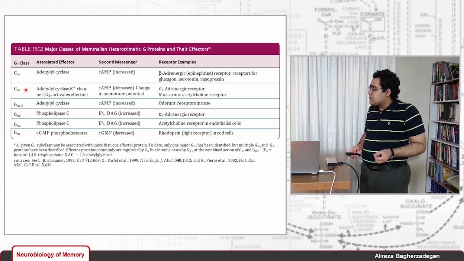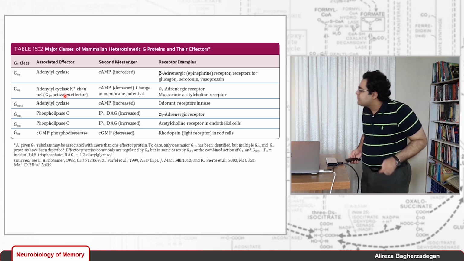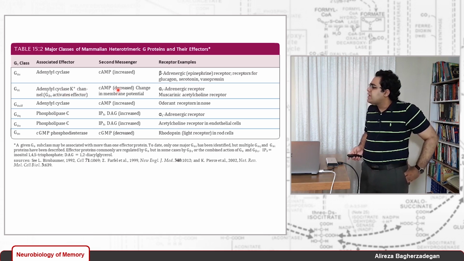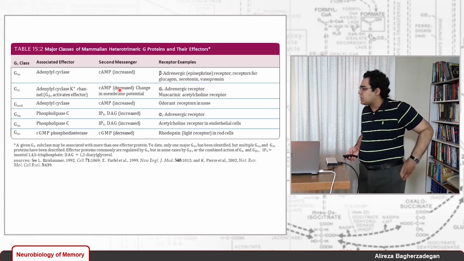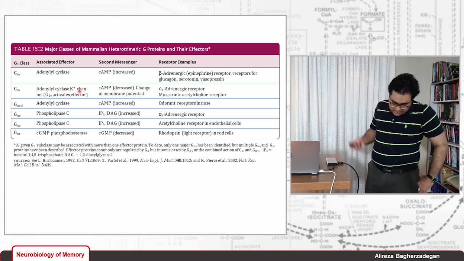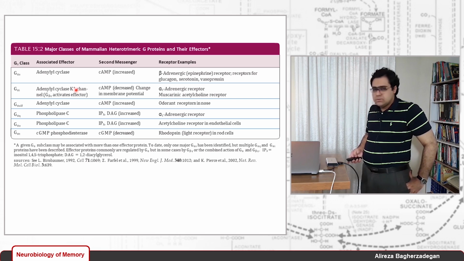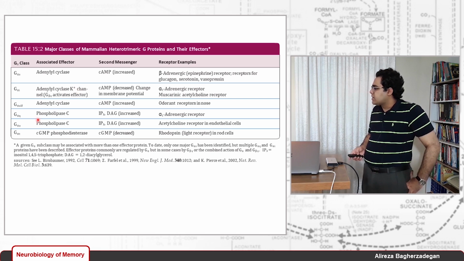But the alpha subunit of the inhibitory G protein also affects potassium channels, and it changes the membrane potential as well. So it has another effector, which is an ion channel.